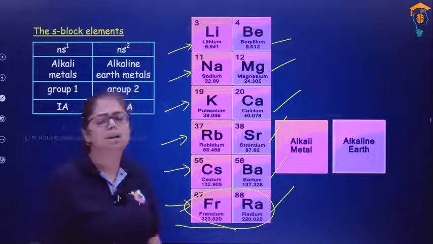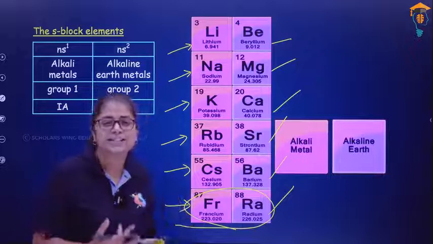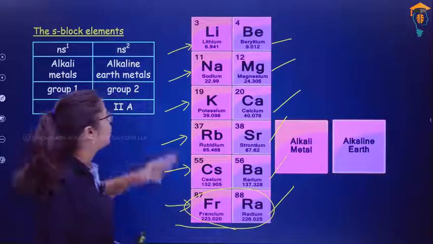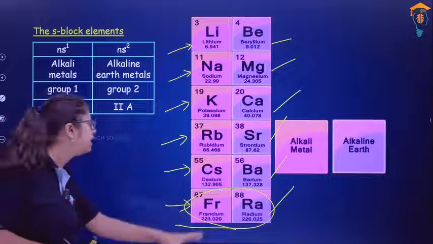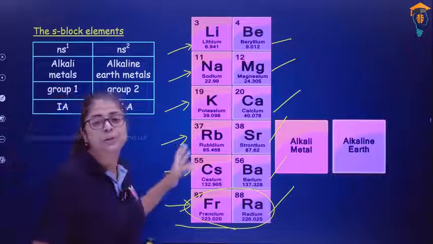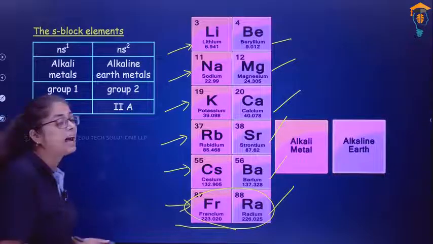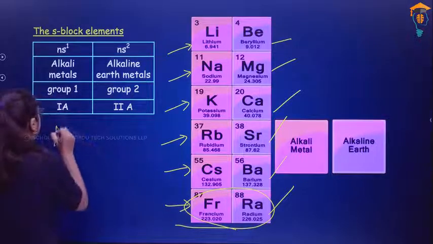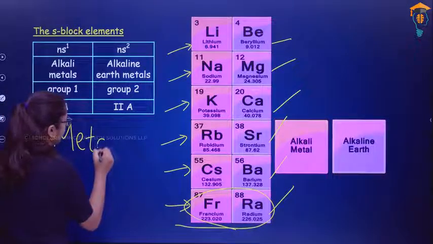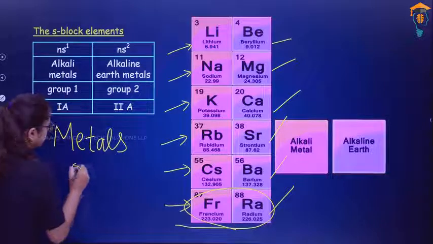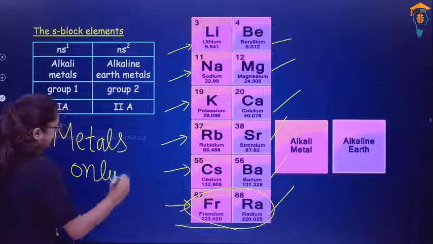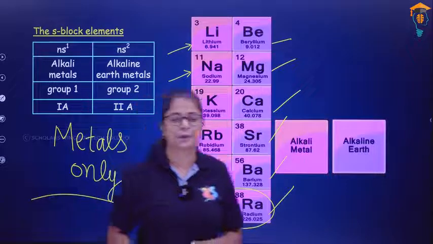Why is it called so? That we'll discuss when we start these individual families. Okay students, and all the elements in this block, that is the S block, are metals only. Yes, this block is specific to metals. So this is a metals-only block.